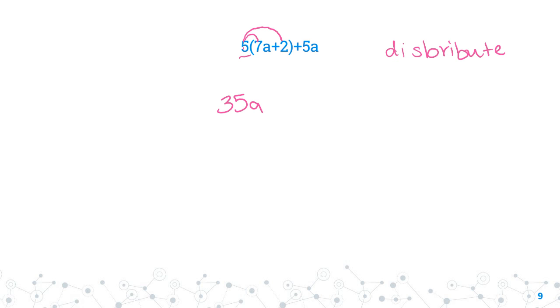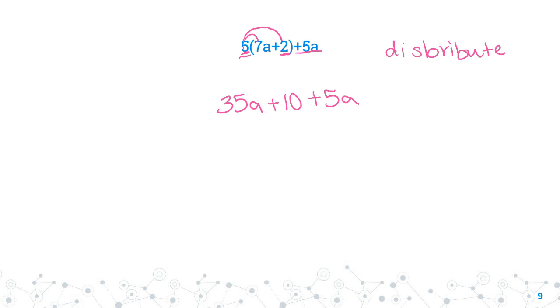So it becomes 35a. And then I have 5 times 2, right? Because that 2 is positive, so I'm going to put a positive because 5 is positive and 2 is positive. And 5 times 2 is 10. And now I got rid of my parentheses. So then I bring down what is outside of my parentheses, which is that plus 5a.